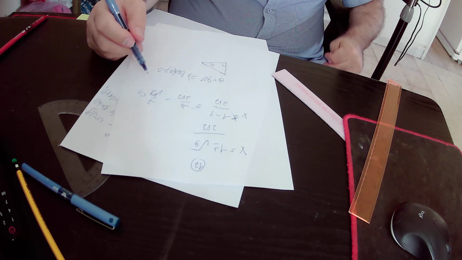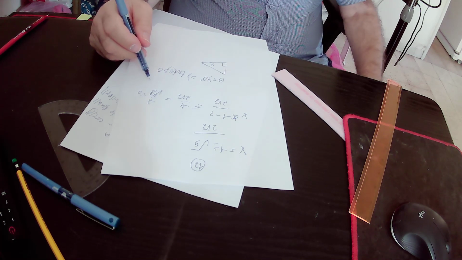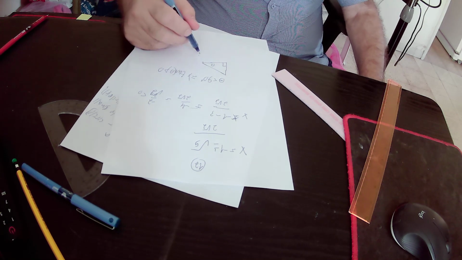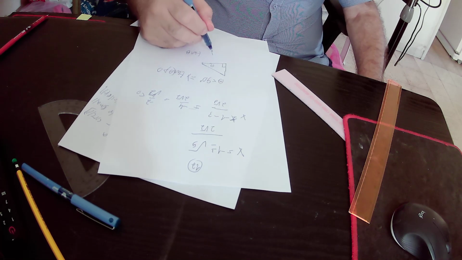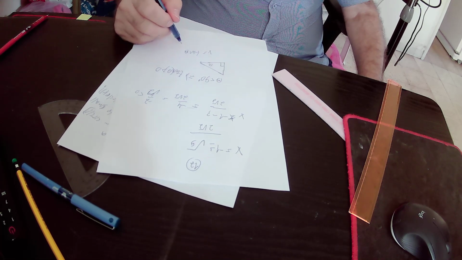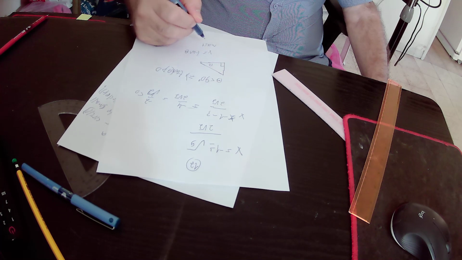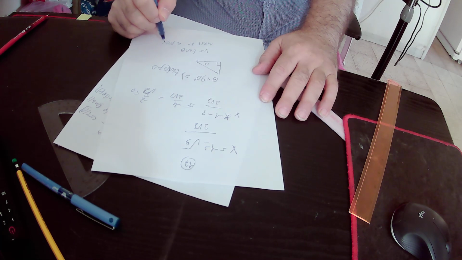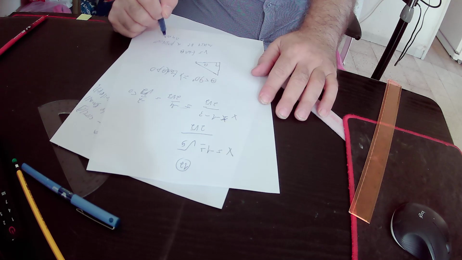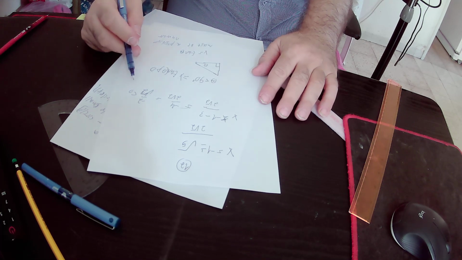But here we got that x, which equals tangent theta, is negative. So x, which equals tangent theta, must be a positive number, therefore x cannot be negative.